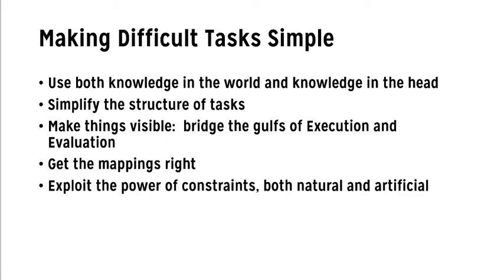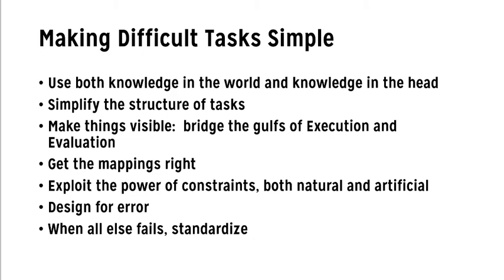And all of this allows us to exploit the power of constraints, both natural and artificial, because we're able to use the constraints to our advantage. And of course, we want to design for error, and when all else fails, standardize. Make something that looks like everything else that people are used to.